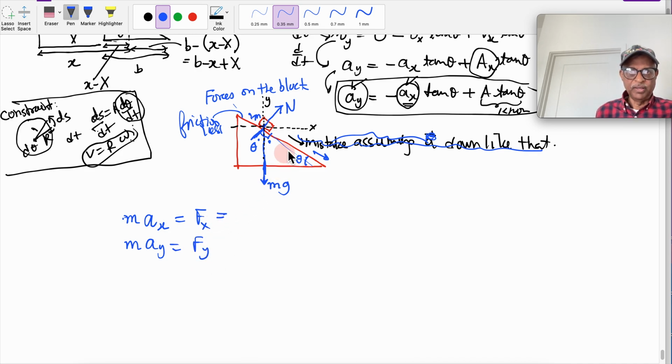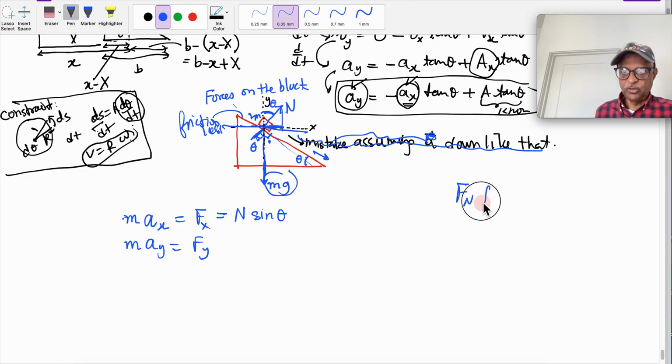So what's going to be fx? This does not have any x component. The x is pointed this way. Only this kind of x component. So this is theta, and that's the theta. So the x part will be n sine theta. Remember, I used to use fn for normal.